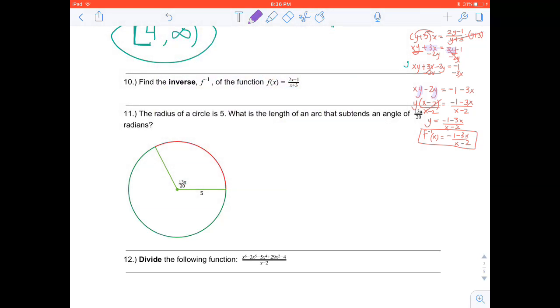Let's do purple. And so we need to know the formula for arc length. We have S represent arc length, and that's going to equal R times theta. So this is our arc length.